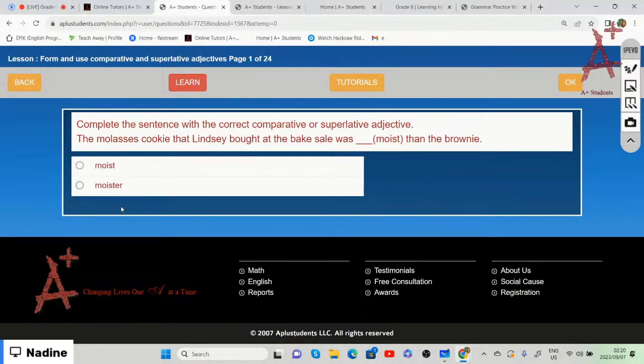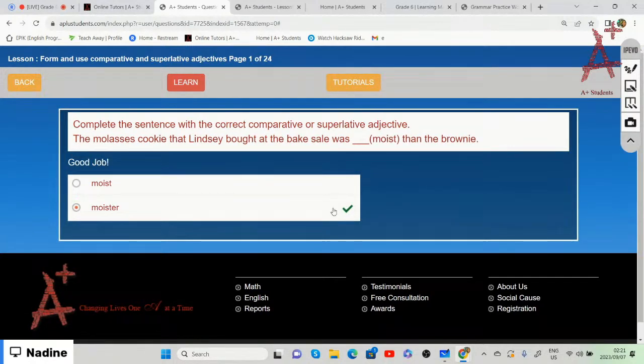Moist or moister than the brownie? So we're going to say moister. So it is moister.